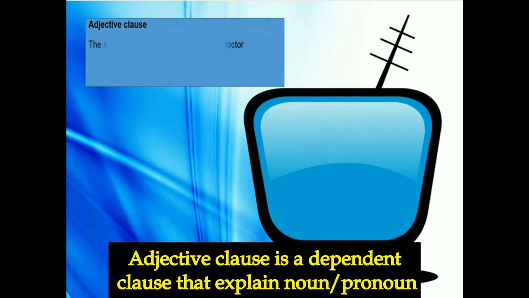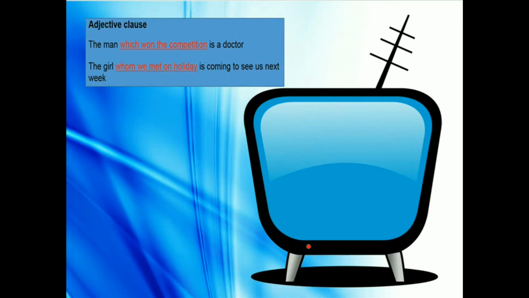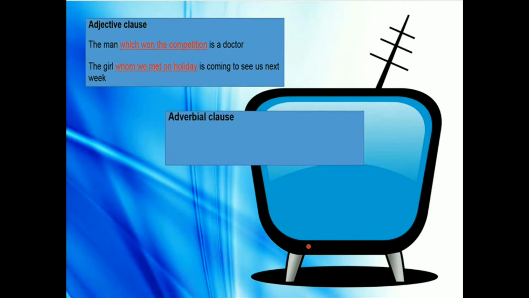A clause has three types. Adjective clause. It is a dependent clause that explains a noun or pronoun, like the man who won the competition is a doctor. Then, the girl whom we met on holiday is coming to see us next week.